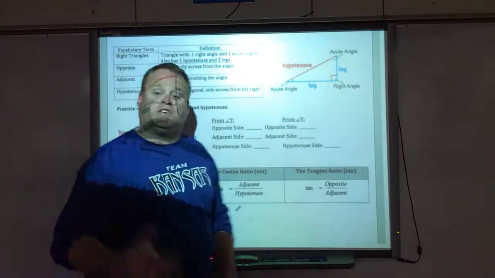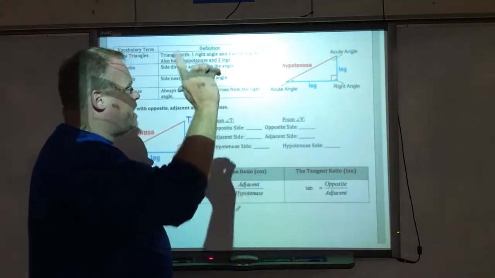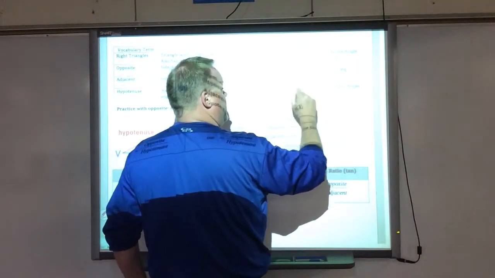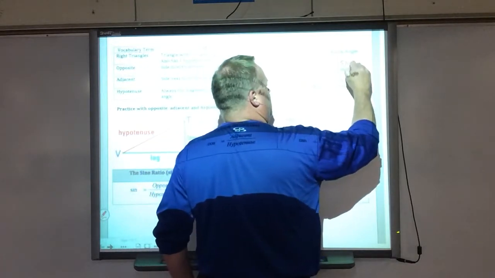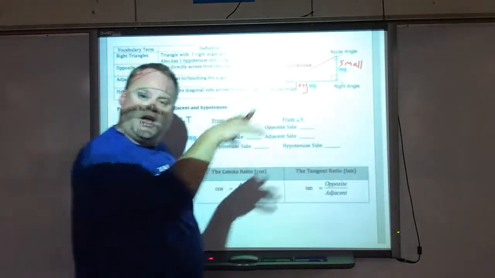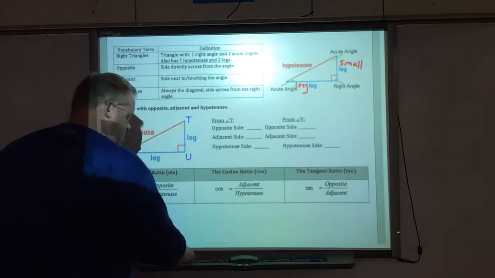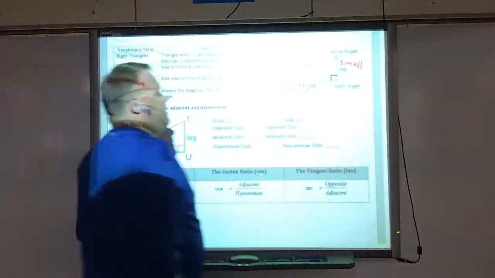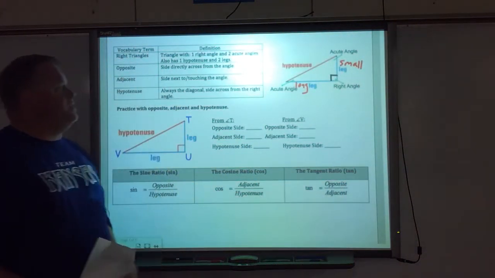The hypotenuse is always the hypotenuse. I refer to the longest leg as the long leg, and then I refer to the short leg as the small leg. Kind of helps as we move forward with this. Obviously, our right angle is indicated by a box, as it tells us the opposite, the side directly across from the angle.